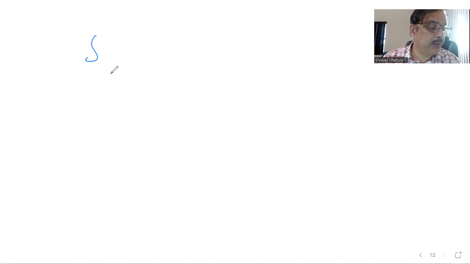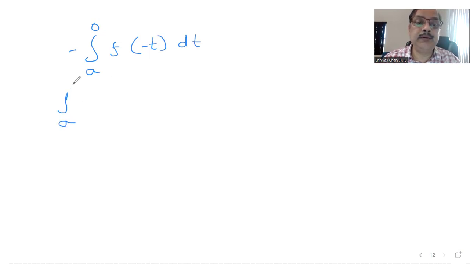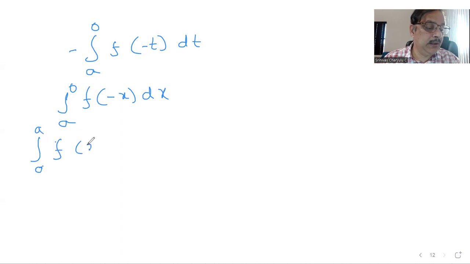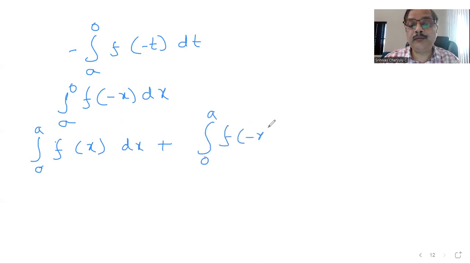So what will happen now? Integral a to 0, you will be getting f of minus t dt. So this can be written as, if we change the limits, integral 0 to a f of minus x dx. So that means our entire sum, integral 0 to a f of x dx plus integral 0 to a f of minus x dx.